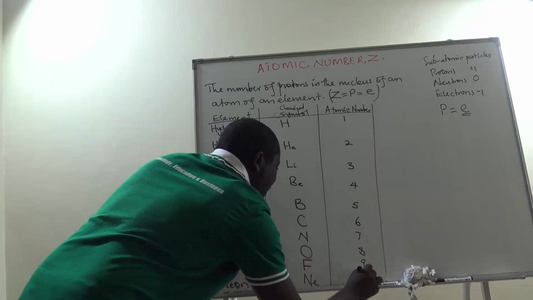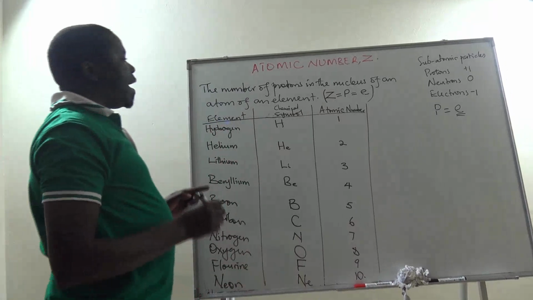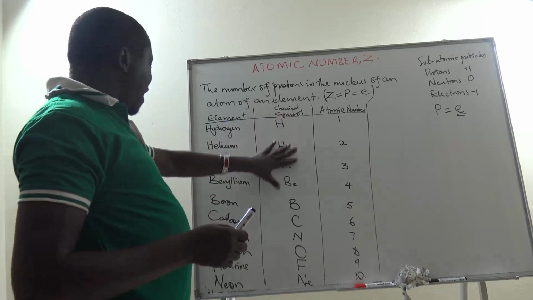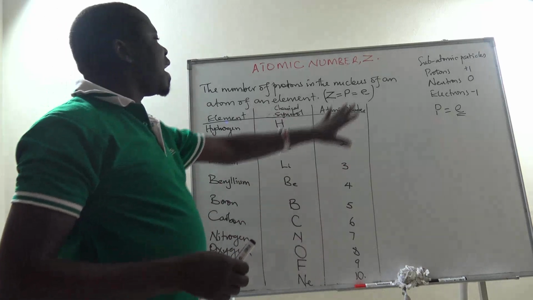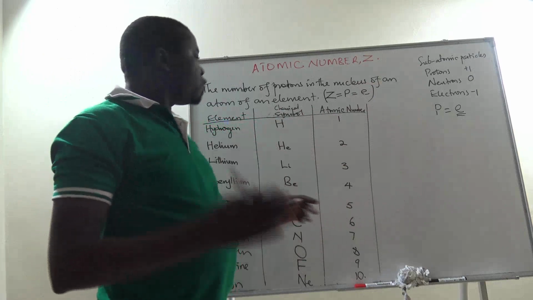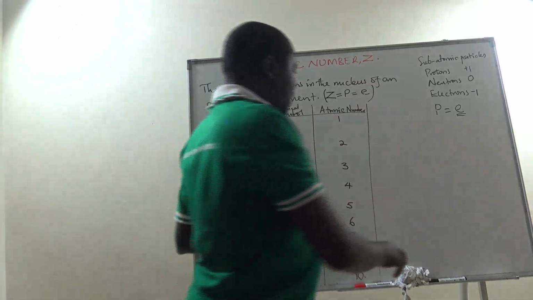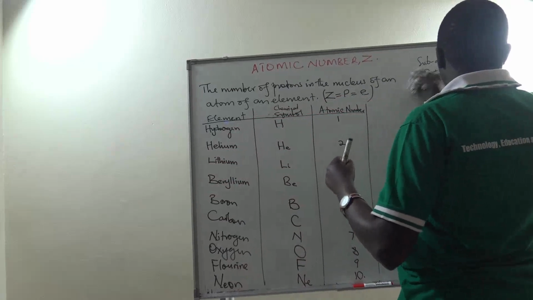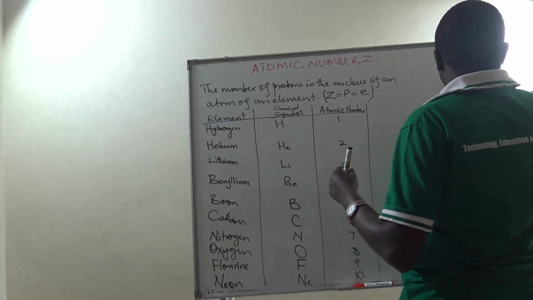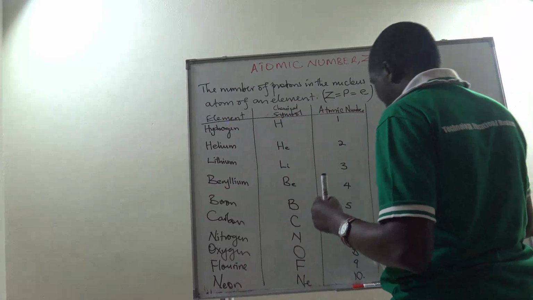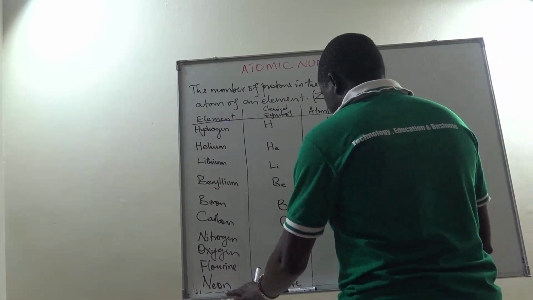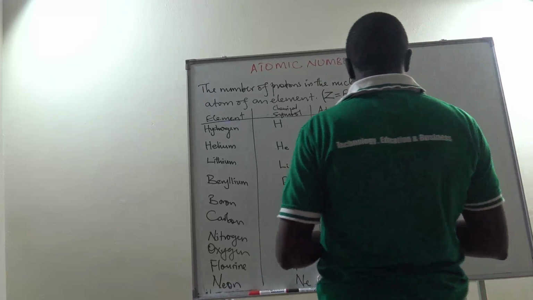It is number 10. So I expect you as a candidate to be able to master the first 10 and the next 10. That is from number 1 up to number 20. So let me use this part here to write down the next 10 elements in order of atomic number from number 11 up to number 20.